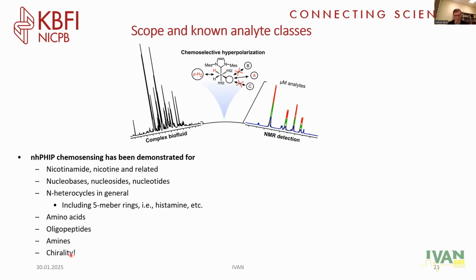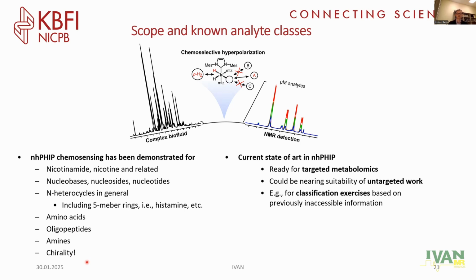I think it's very important that Tessari published 2 years ago the fact that you can make this complex chiral, in which case you will gain a possibility to resolve enantiomers of amino acids. So you can resolve D and L amino acids by this methodology. I think this is very important because there are very few methods that can do it for several amino acids at a time.